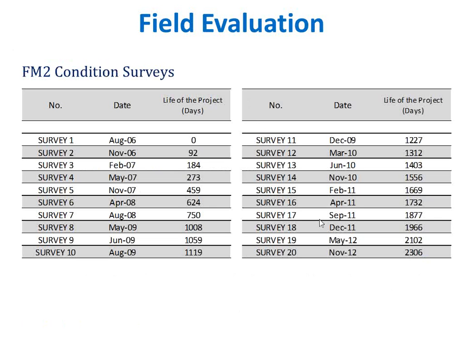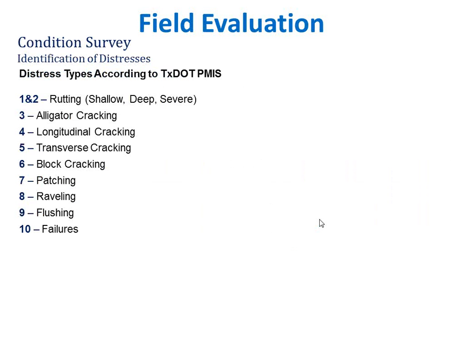By 2012, we have been doing 20 condition surveys. So across these 32 sections, we have been monitoring over 7 years the different types of degradation that we can characterize. Rutting, alligator cracking, longitudinal cracking, transverse cracking, but of particular relevance for us, because this is the fingerprint of expansive clays, was the characterization of longitudinal cracks.